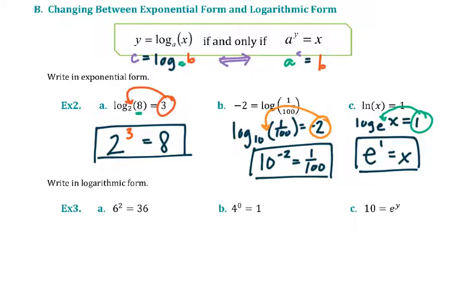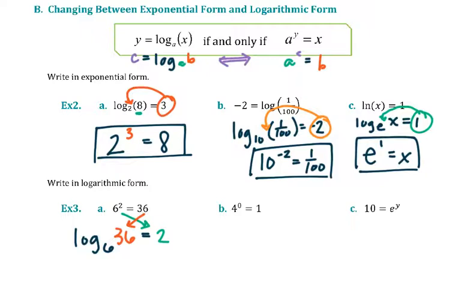So our first example, 6 squared equals 36, can be rewritten as log base 6, and then the 2 and the 36 switch sides. So log base 6 of 36 equals 2.